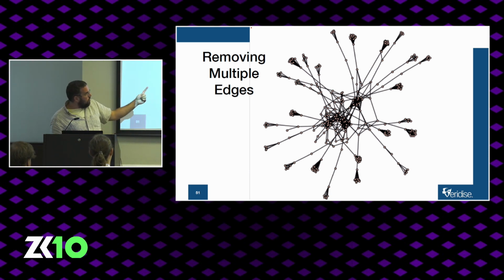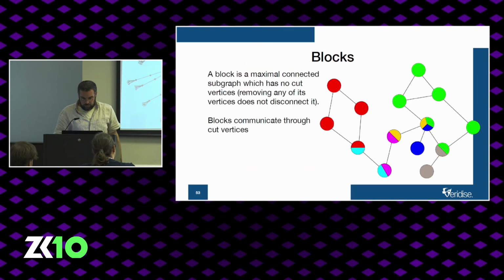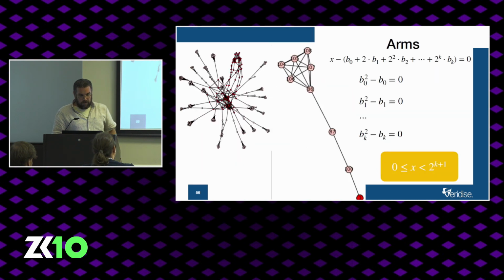And then you might wonder, what are those weird-looking arms? Let me try to understand the structure of my constraints by understanding what those arms correspond to. When you do that, you see that those arms correspond to certain bit sums. If you take one of those arms, you have one vertex where it connects to the main body, which corresponds to one variable, and then you have several other variables.